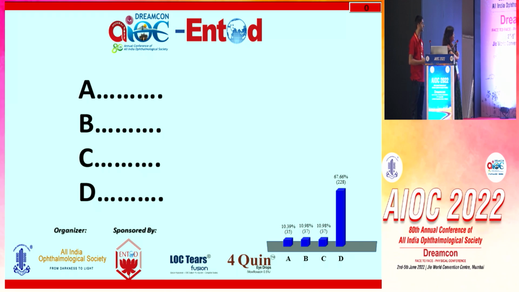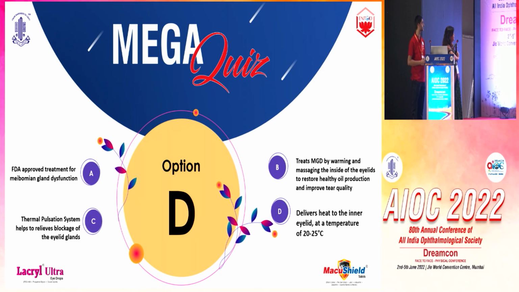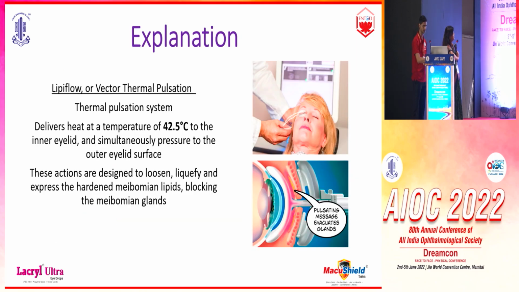So 67.6% I think have said that D is the answer, and the answer is indeed D. So that again was a fairly simple question. We come to the next one.